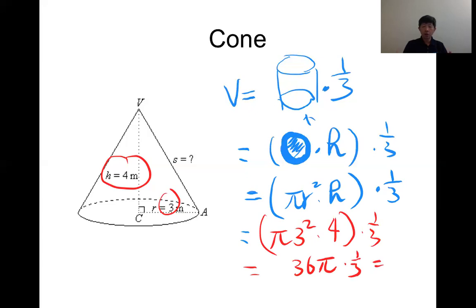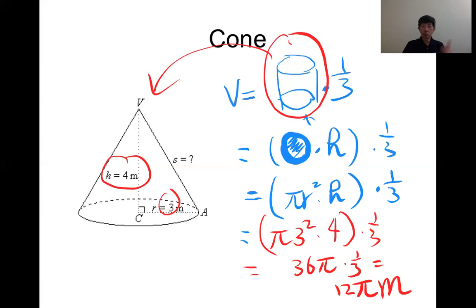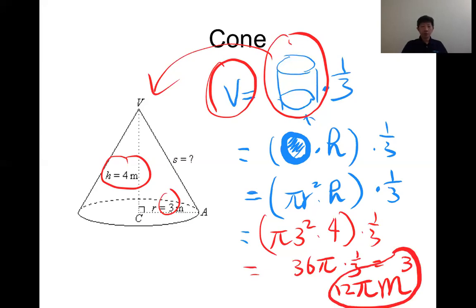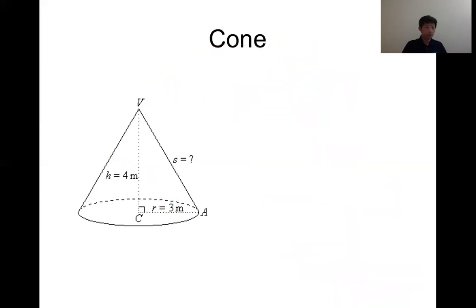One third of a cylinder, which is a cone, is 12 pi meter cube. It is cube because we're looking for volume, so don't forget about the units. This is how we find cone surface area and volume.